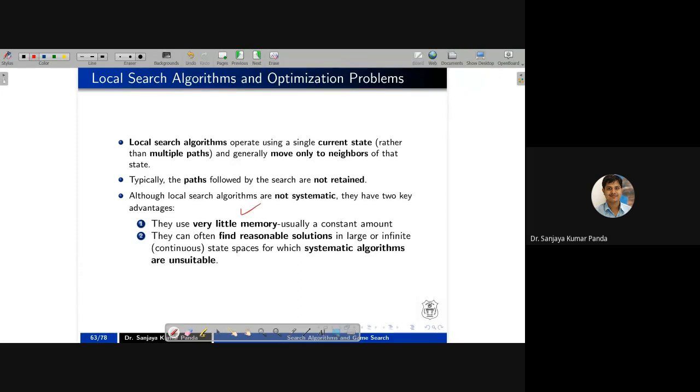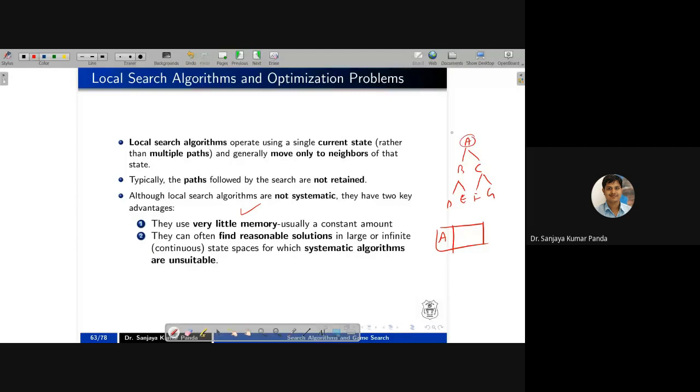It is also challenging to find reasonable solutions, because of what you keep in memory. Suppose there is a path A, then you explore B, C, explore D, E and F, G. Suppose the memory size is only 2, so you can keep only 2 elements.